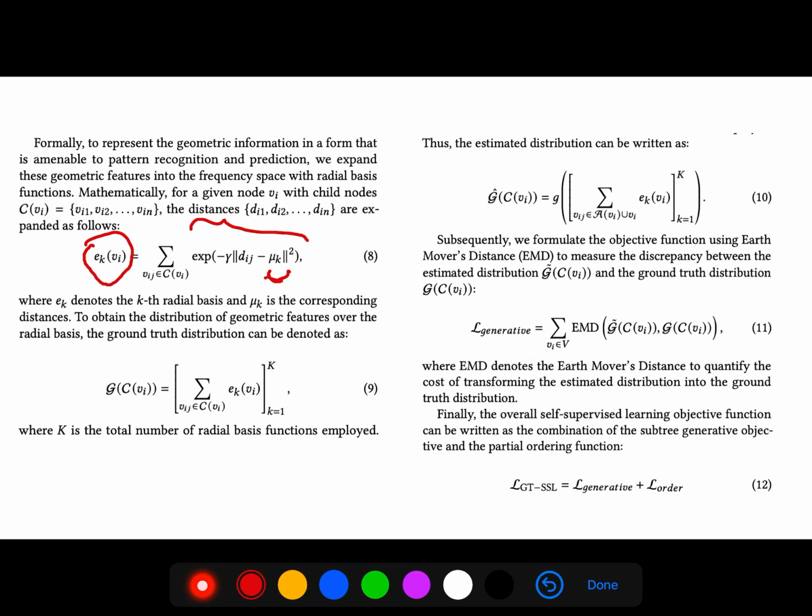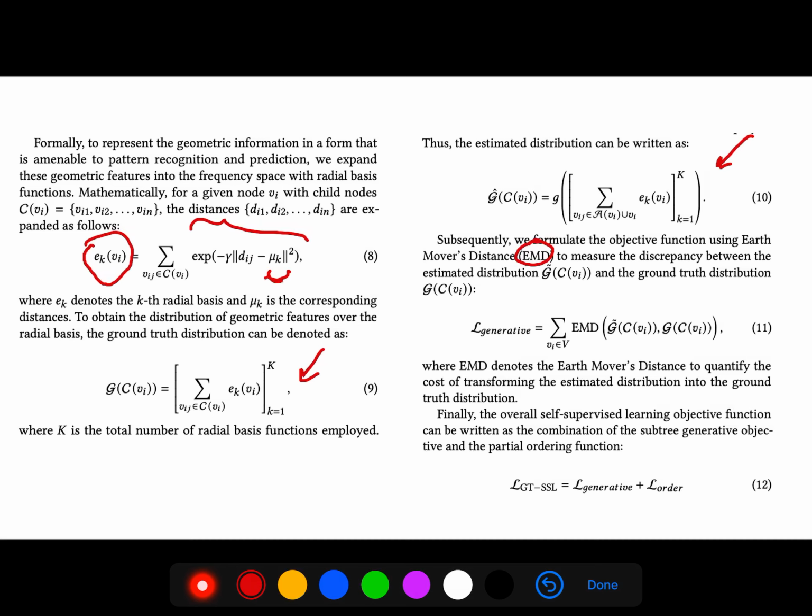To obtain the distribution of geometric features over the radial basis, the ground truth distribution can be denoted like this. K is the number of radial basis functions. Then the estimated distribution is this. So we formulate the objective function using Earth moving distance.